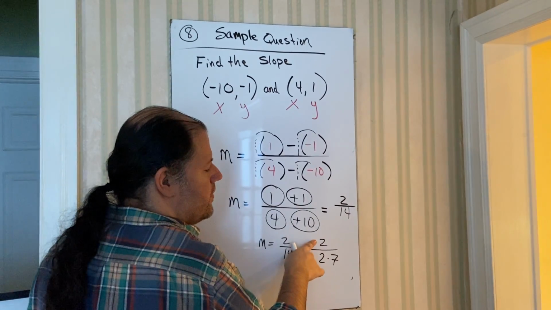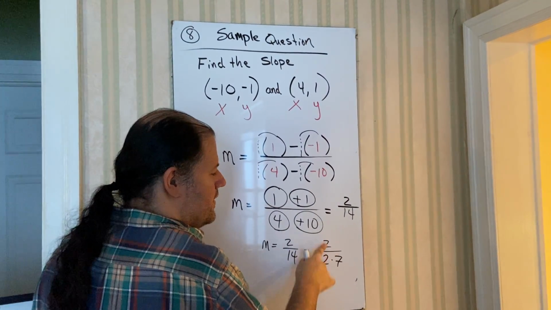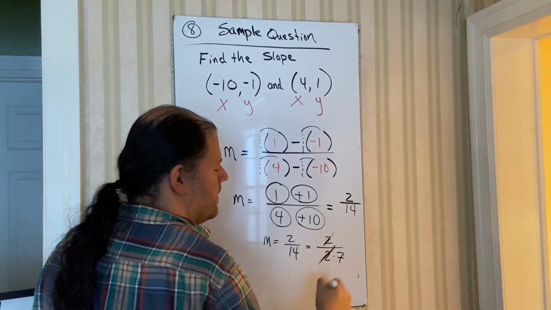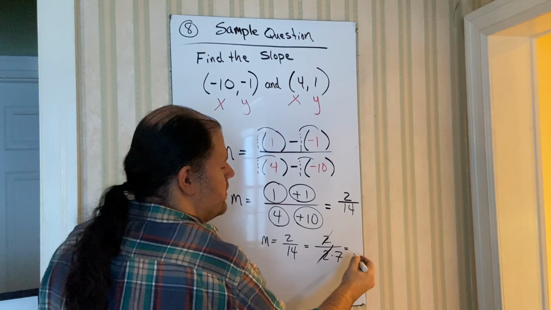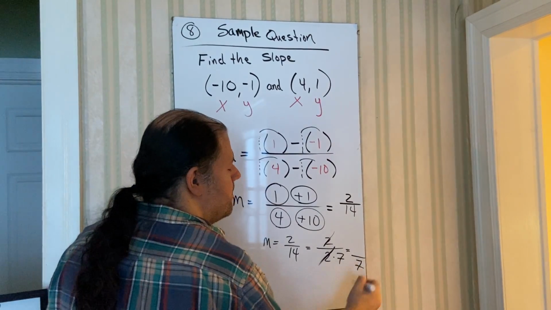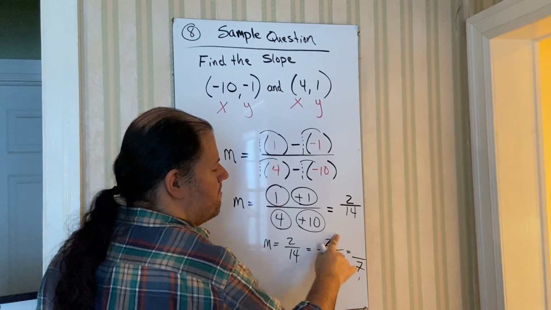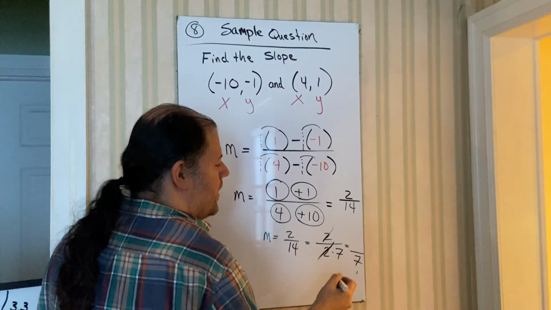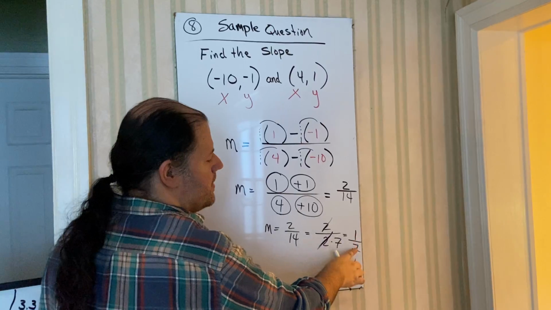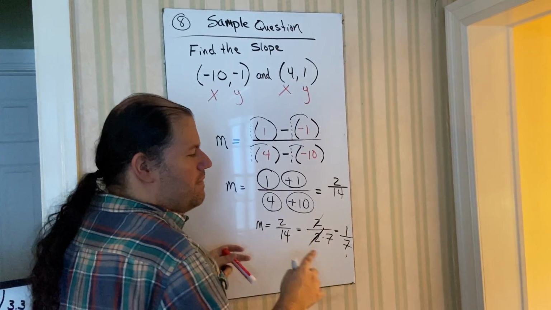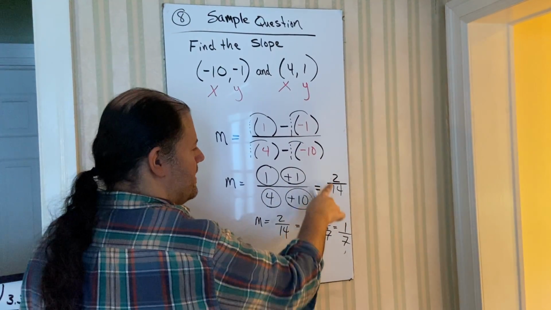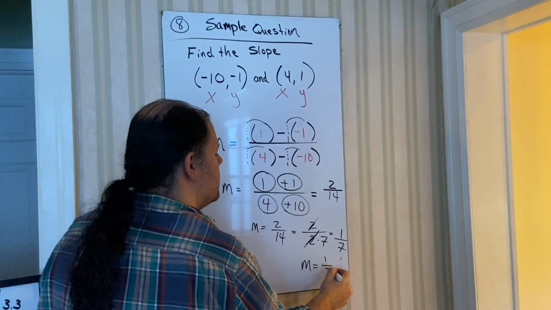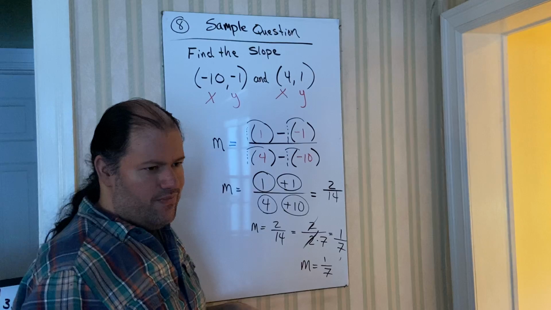You know, if you have a 2 on top and a 2 on the bottom, same thing on top and the same thing on the bottom, you can cancel 1 for 1. Now notice you have a 7 left at the bottom, and what's left on top? If you don't see anything left on top, there's always an understood 1. Because if you don't put that 1 there, it looks like m equals 7, and it's not. It has to stay a fraction. So our final answer is m equals 1/7.